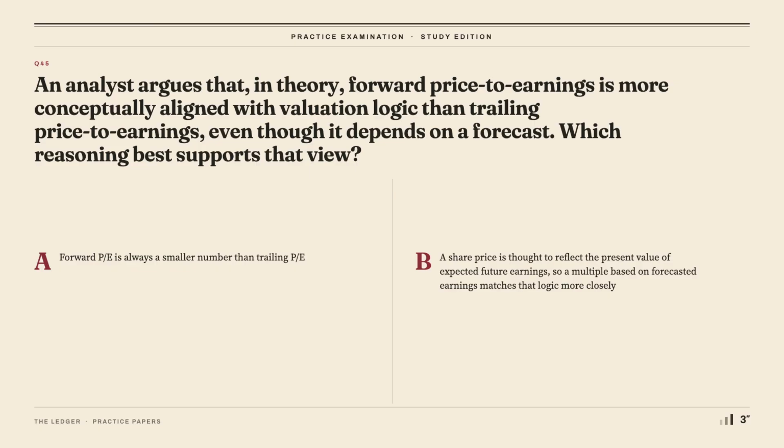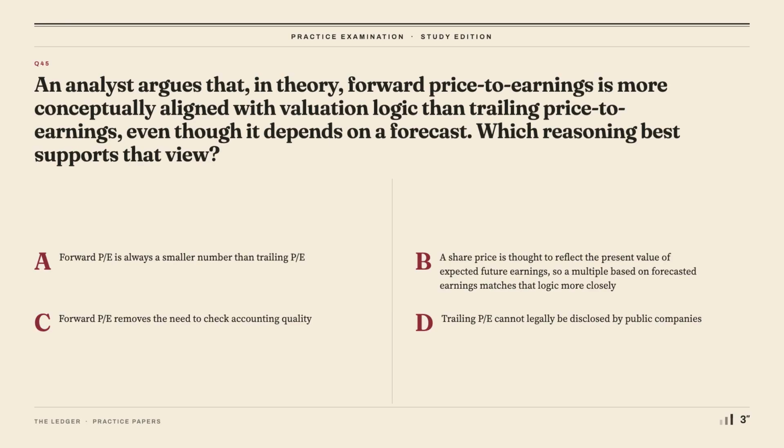B. A share price is thought to reflect the present value of expected future earnings, so a multiple based on forecasted earnings matches that logic more closely. C. Forward PE removes the need to check accounting quality. D. Trailing PE cannot legally be disclosed by public companies. Pick one. Trust your gut. Here's your chance to test yourself.